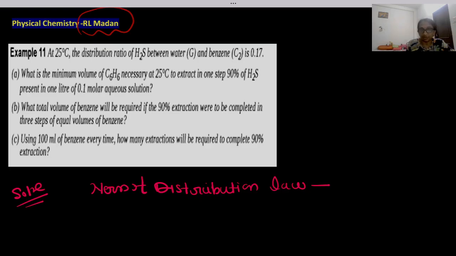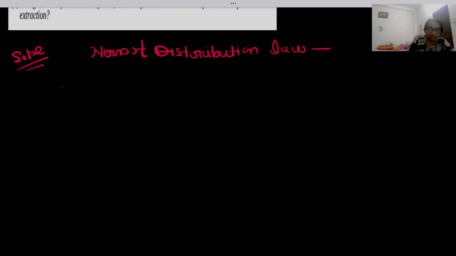Two miscible solvents at equilibrium, right? The core concept of the question is the distribution law.